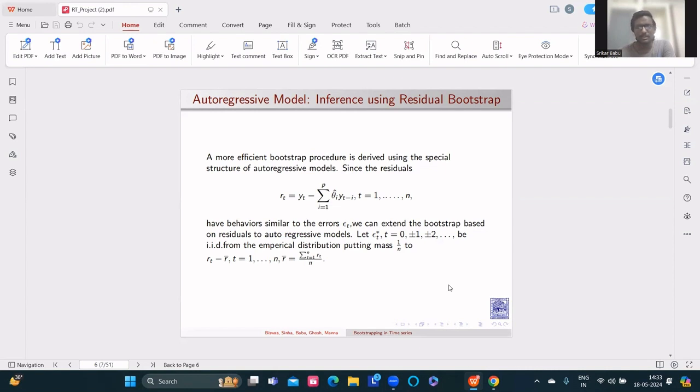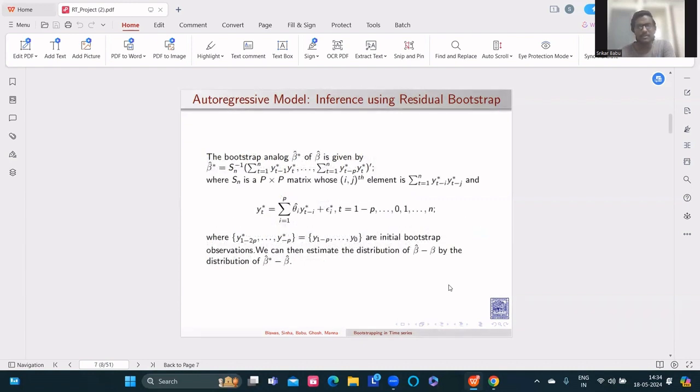Let us represent the observations we get from empirical distribution, epsilon t star IID from the empirical distribution putting mass 1 by n to rt minus r bar.